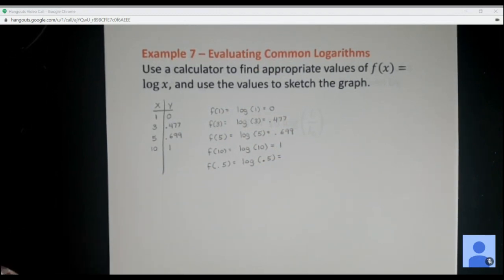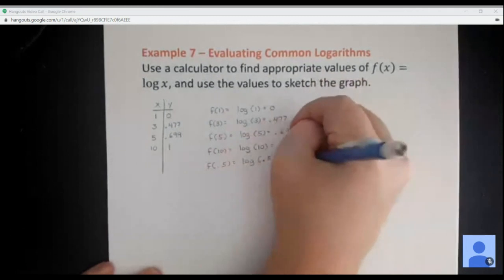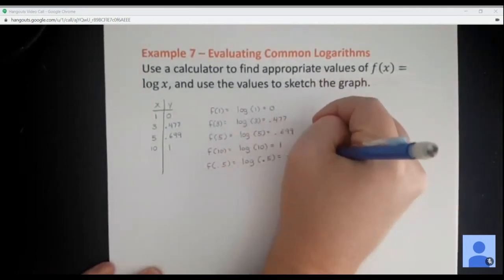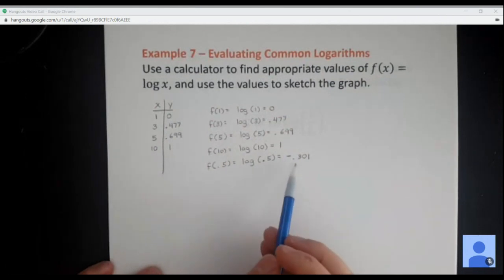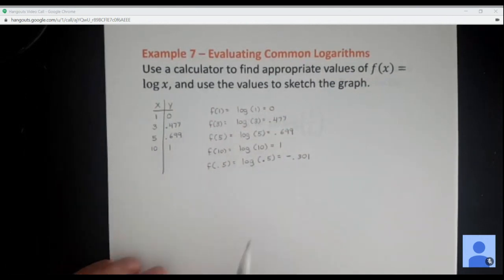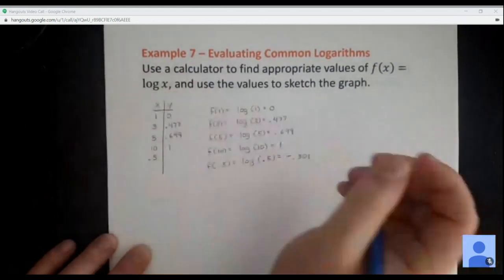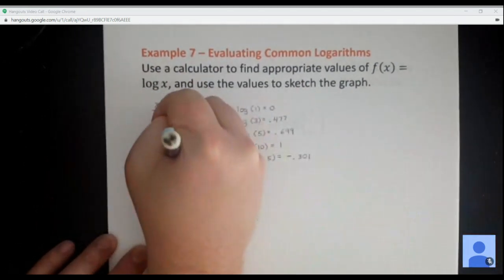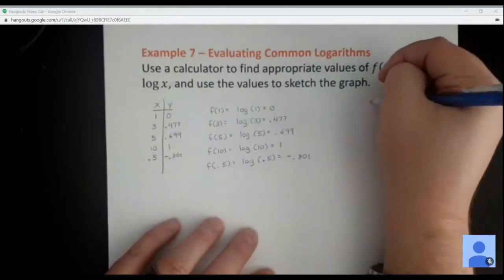What do we get when we do the log of 0.5? Good, negative 0.301. It makes sense that we have a negative value, because 10 to a negative exponent would give us that decimal value. So we've got 0.5, negative 0.301. And so let's see if we can sketch this.